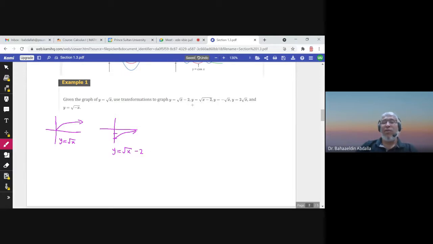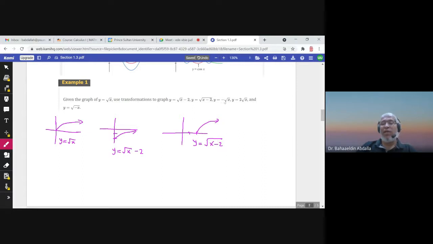What about this one? Square root of x minus 2, but inside the square root. So this time the graph would be shifted 2 units to the right. So this would be the graph of y equals square root of x minus 2.